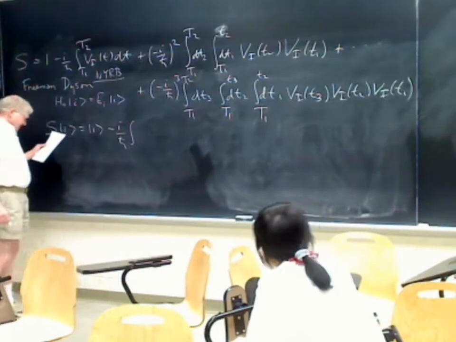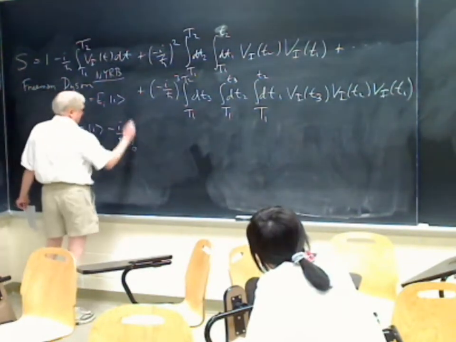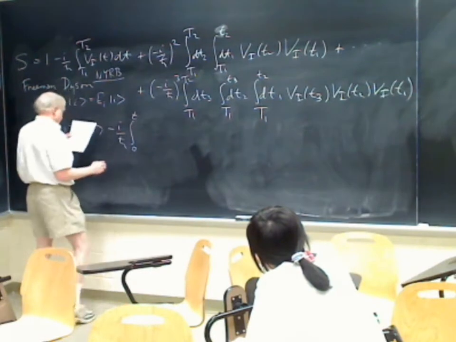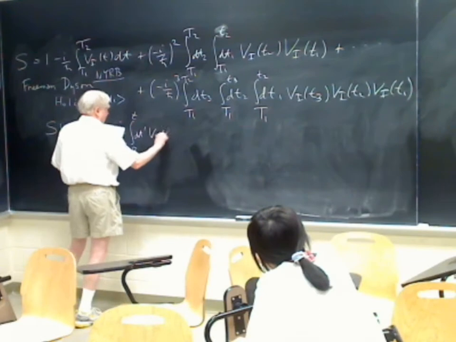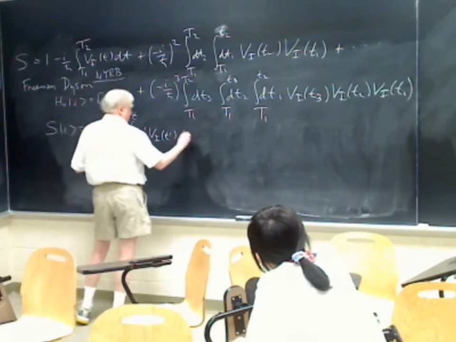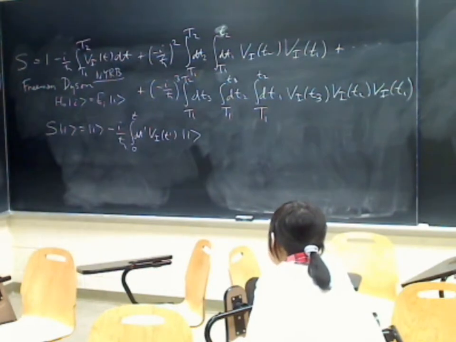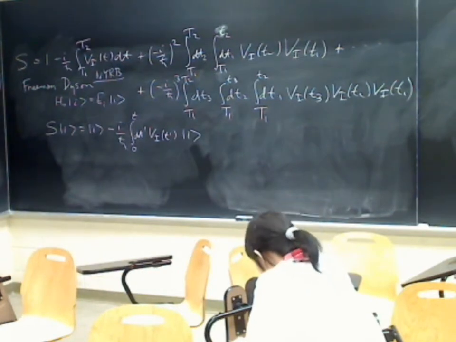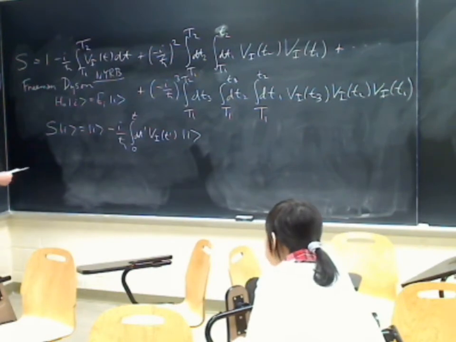And in this particular case, I'm going to change the times. I'm going to make it 0 to t. And it's going to be dt prime VI of t prime and this state I. So that's what happens to the state I when the S operator is applied to it. And V is some constant operator.